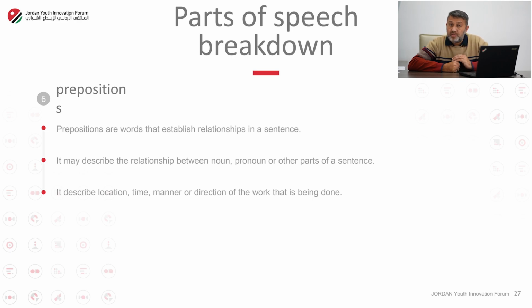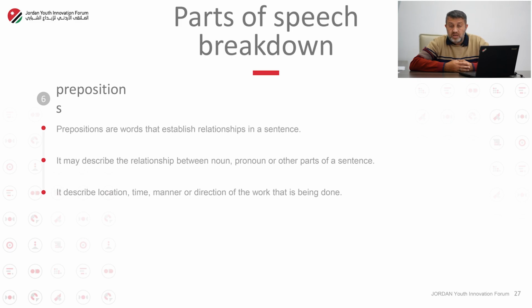They precede the noun and the adjective. They come before noun and adjective, and they add information about the noun and the adjective. Like when I said the watch is on the table, so on the table here refers to the watch. Where is the watch? It's on the table.